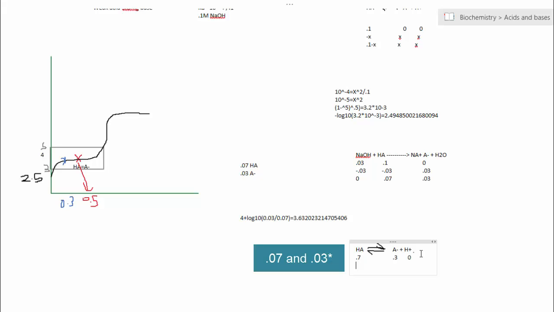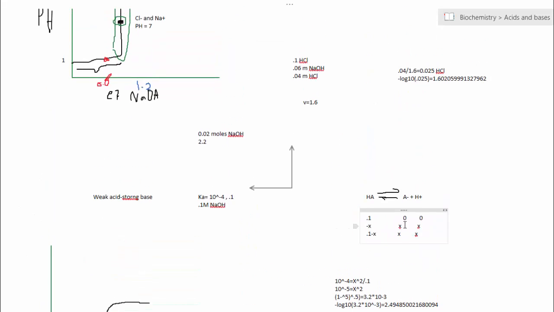Then the change would be minus x, plus x, plus x. Then at equilibrium it would be 0.7 minus x, 0.3 plus x, x. And solve it the way we solved this one previously.